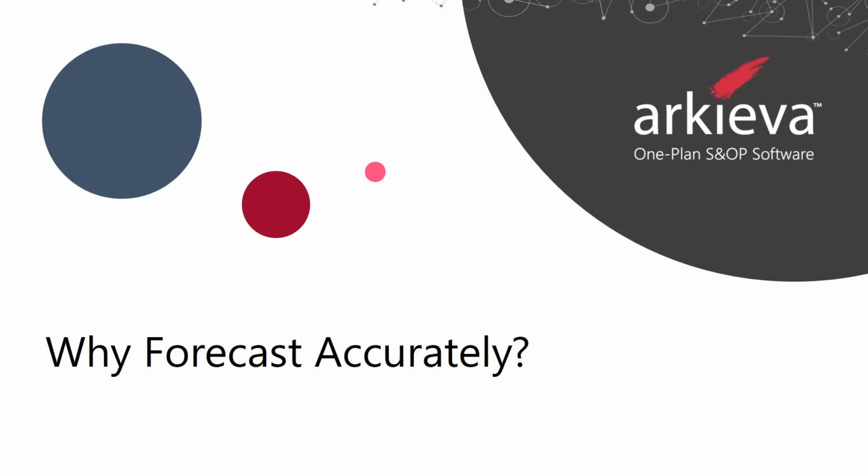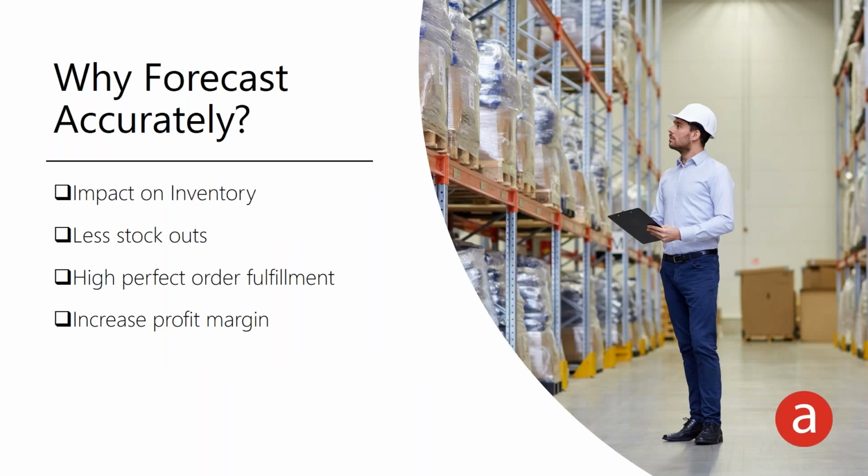Okay, then we run into accuracy. So why then, on top of all of this, do we need to be accurate with our forecast, or as accurate as we can? High level basics are because of the impact on inventory. As we know, if forecasting will give us our starting point for demand, for what our customers are going to ask from us, and then that will be our baseline for supply planning, then of course any deviations or any inaccuracy in a forecast will have an impact on inventory, whether it's having excess stock or of course falling short.